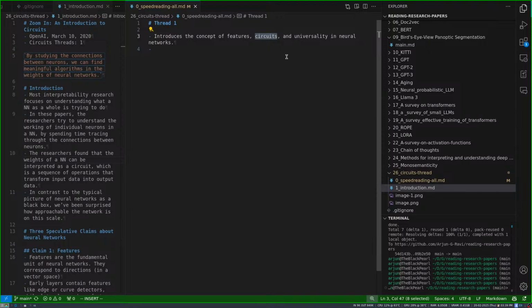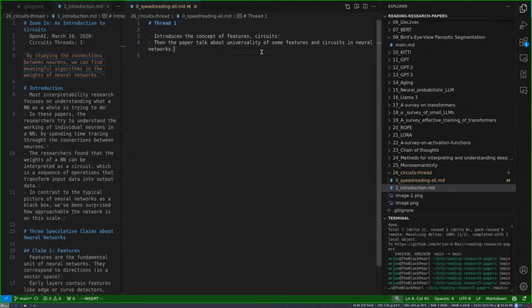Then the paper talks about the universality of features and circuits in neural networks. The paper states that every image based model will start with edge detection neurons.